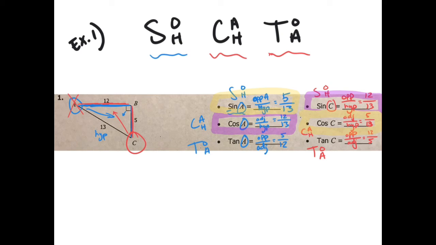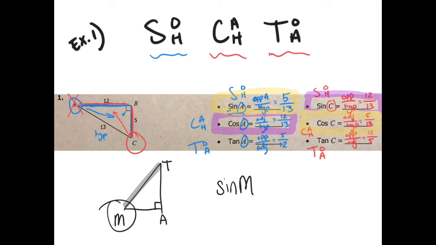So if I had some other triangle, let's call it MAT. So if I talked about sine of angle M, just like we saw here, sine of angle A was the same thing as cosine of C. That relationship always happens.